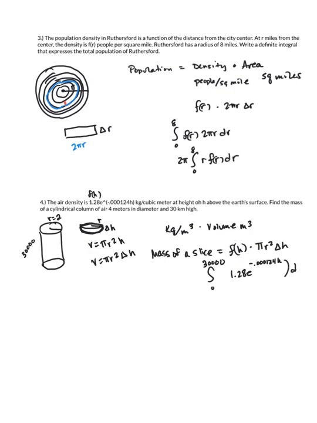My delta h becomes dh. And then I have my pi, my r squared. Well, r is 2, so I'm going to get 4 pi here, and I can factor that outside. Anyway, so now you type this into a calculator, kids, and then we'll round it.